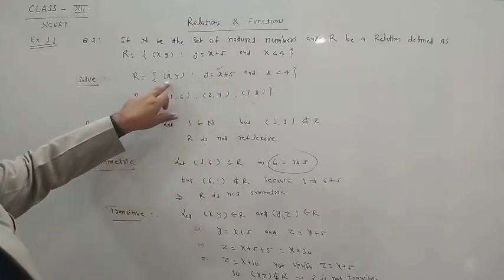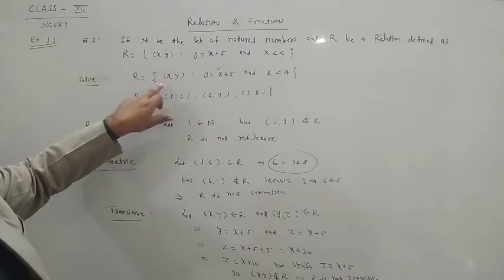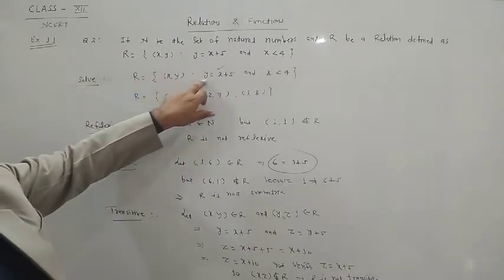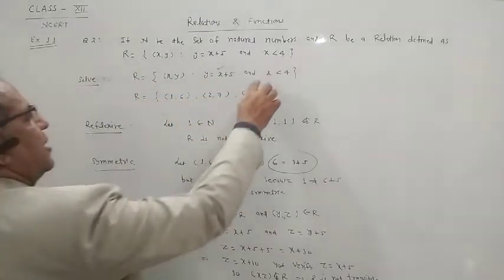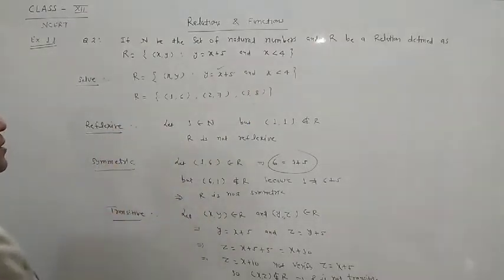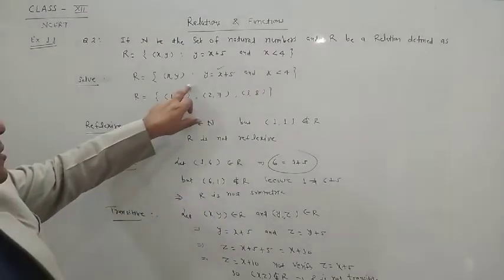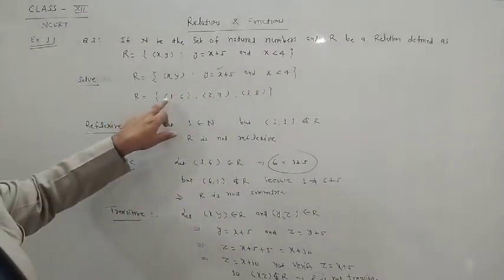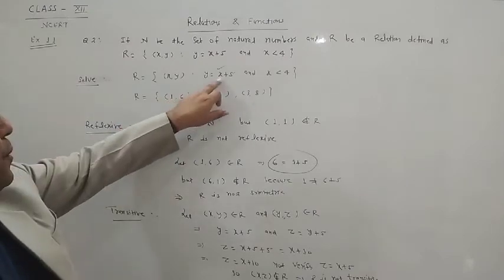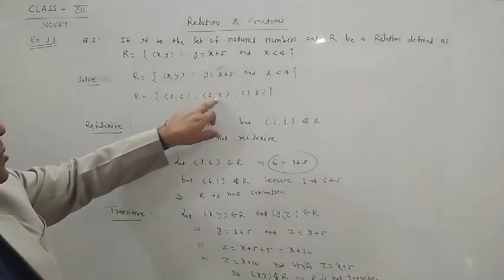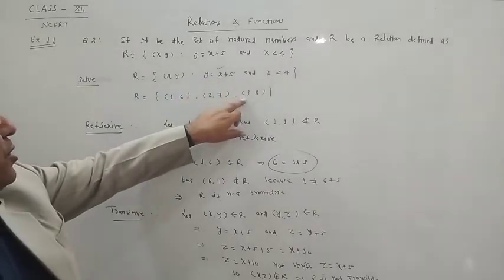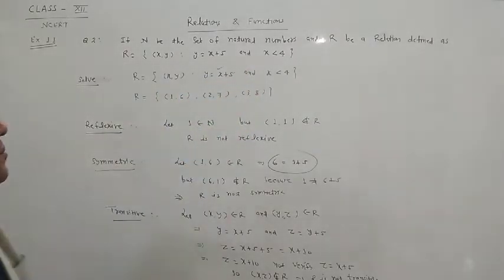That means this relation R contains all those ordered pairs that satisfy this condition, where x is less than 4. So in roster form, this can be written as R equal to {(1, 6) for x equal to 1, (2, 7) for x equal to 2, and (3, 8) for x equal to 3}.